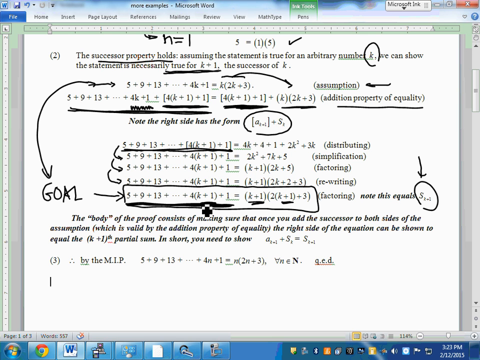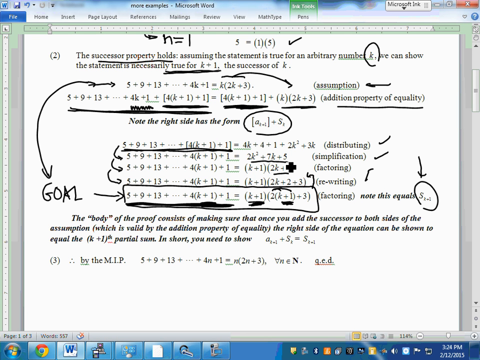And, you know, I've written down what's going on here. I know it will work out. This is my s sub k plus 1. If I just sort of work backwards a little bit, you can see I multiply through by the 2k plus 2, and that's the same as 2k plus 5. The k plus 1, if you multiply these out, that's the 2k squared plus 7k plus 5.